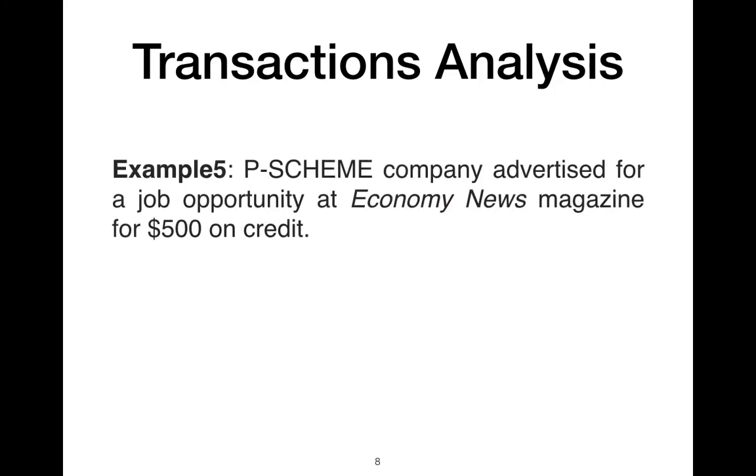In example 5, Peacekeep company advertised for a vacant position in a magazine named Economy News. The cost of the advertisement was 500 US dollars, but it was not paid in cash. Instead, it was on credit. That means the amount will be charged to the account payable.